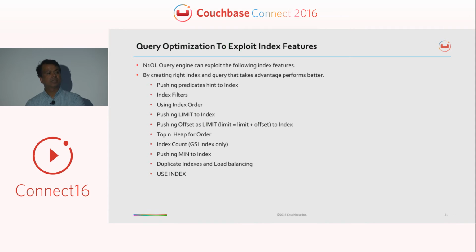Yes, query is the interface to the application, but to run a query efficiently and to meet your SLAs, you have to design the right indexes, and we maximize use of all the indexing features to come up with the best possible plan, right? We push as many predicates as possible to the index, and we exploit the index order to avoid the order by. We push the limit and the offset to the index.